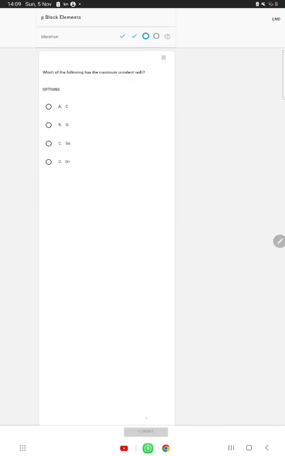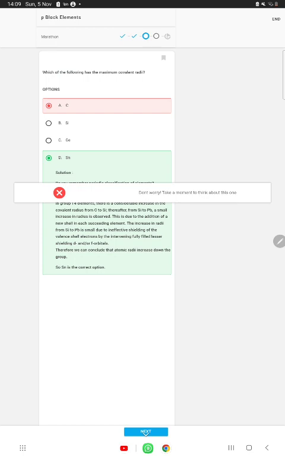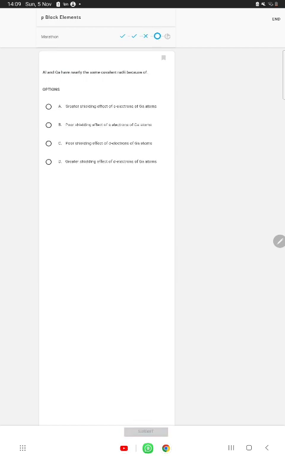Which one of the following has the maximum covalent radius? Sn. Do you remember Sn? Aluminium and gallium have nearly the same covalent radii because of the poor shielding effect of the d electrons of the gallium atom.